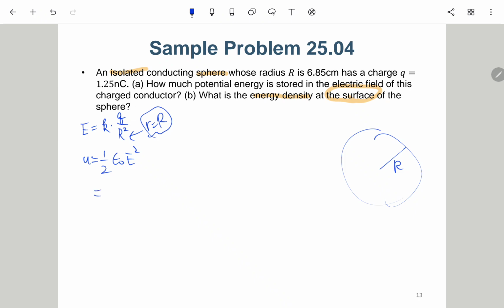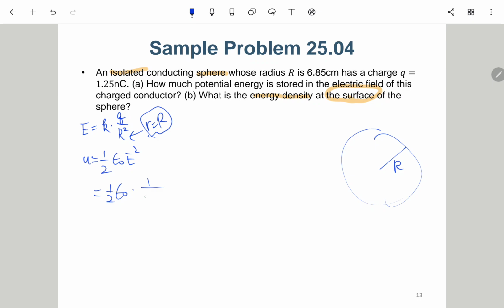So in that case, we have 1/2 epsilon naught, and then we have a K. Let me try to write it out as 1 over 4 pi epsilon naught.